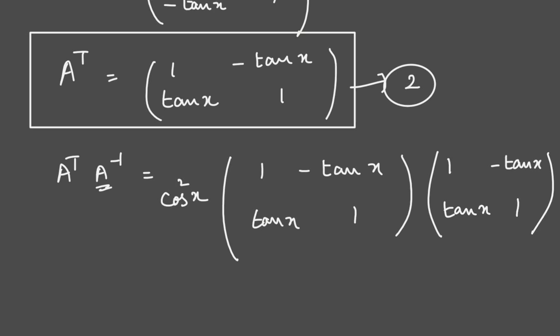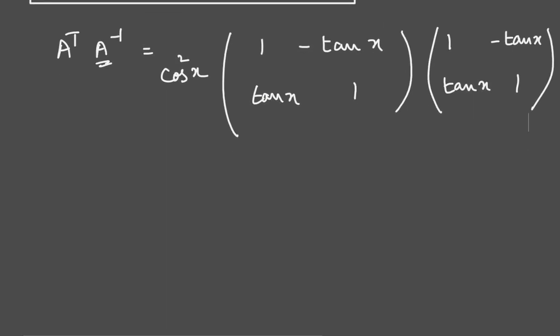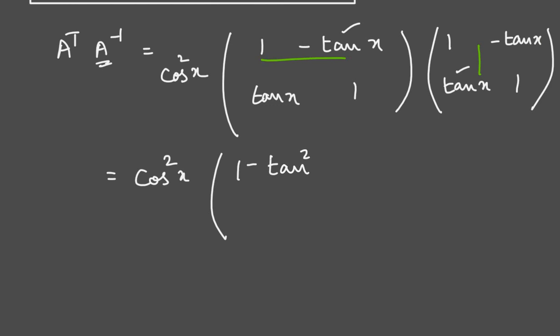Now we take the product of these two matrices. For the multiplication of two matrices, first row, first column elements we write in the product, which is equal to 1 into 1 gives us 1, minus tan x into tan x gives us minus tan square x. Next we multiply the first row and the second column elements: 1 into minus tan x gives us minus tan x, minus tan x.